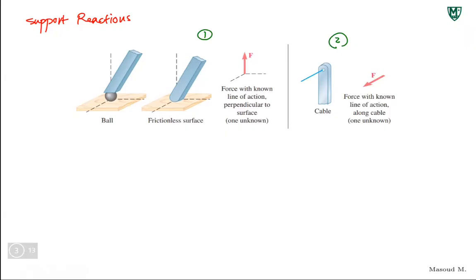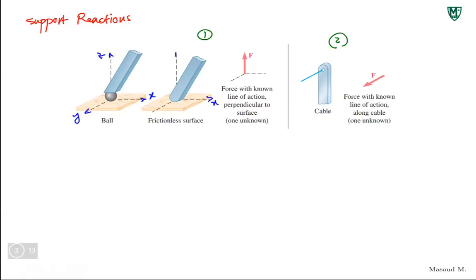Doesn't matter what happens, which direction this goes. There is only one force perpendicular along the line of action. So if I call this X, this Y, and this Z.